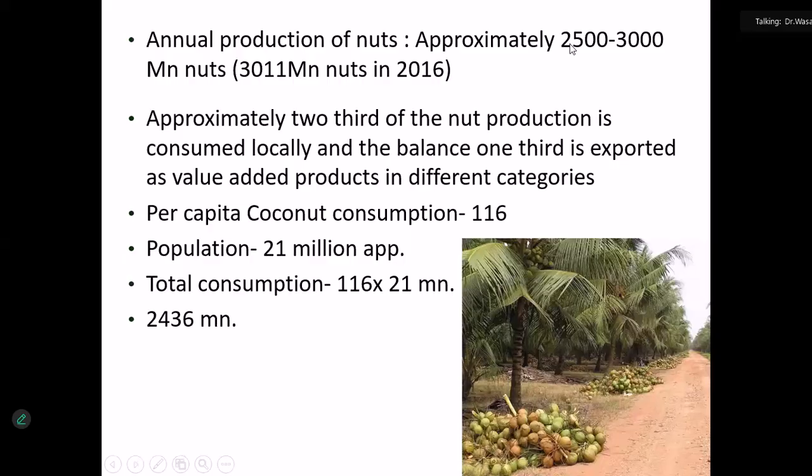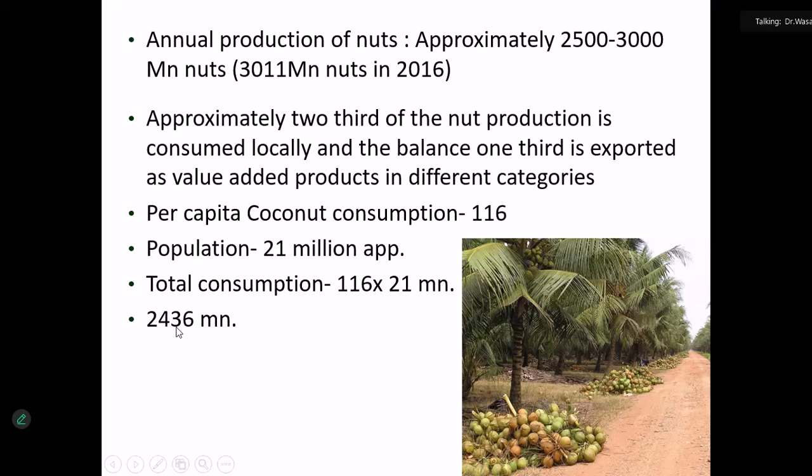Our production is 2,500 to 3,000. From that, we consume 2,400 million nuts. If you take the average, 2,750, out of 2,750 we consume 2,400.